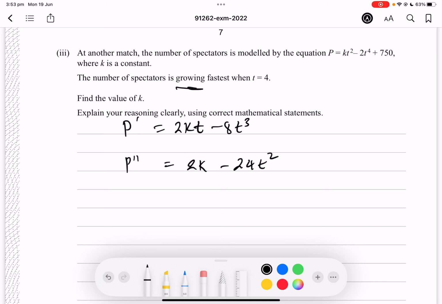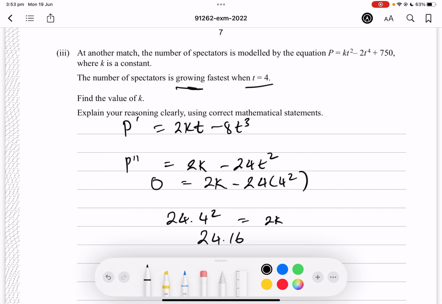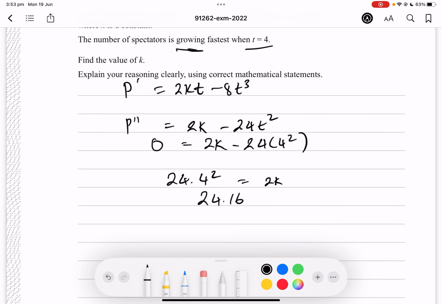And we know that p double dash equals to 0 when t equals to 4. So 0 equals to 2k minus 24 times 4 squared. So therefore, 24 times 4 squared equals to 2k. So 24 times 16 divided by 2. K equals to 24 times 16 divided by 2.